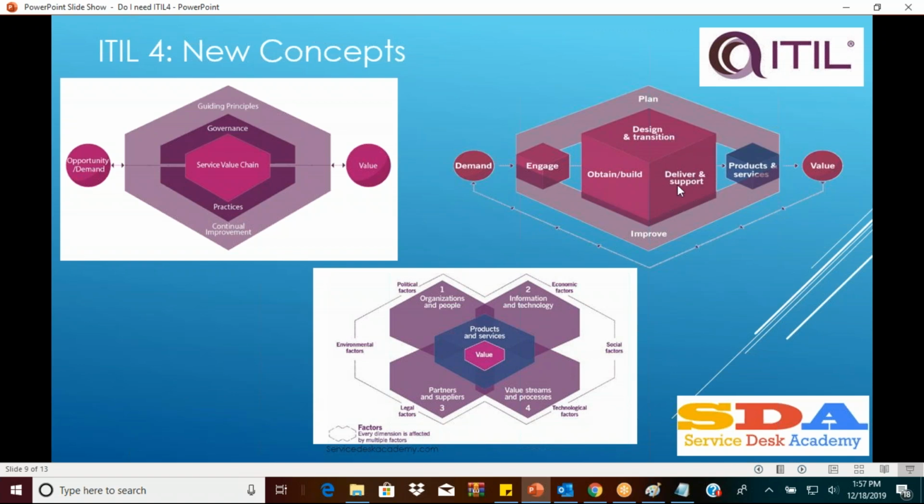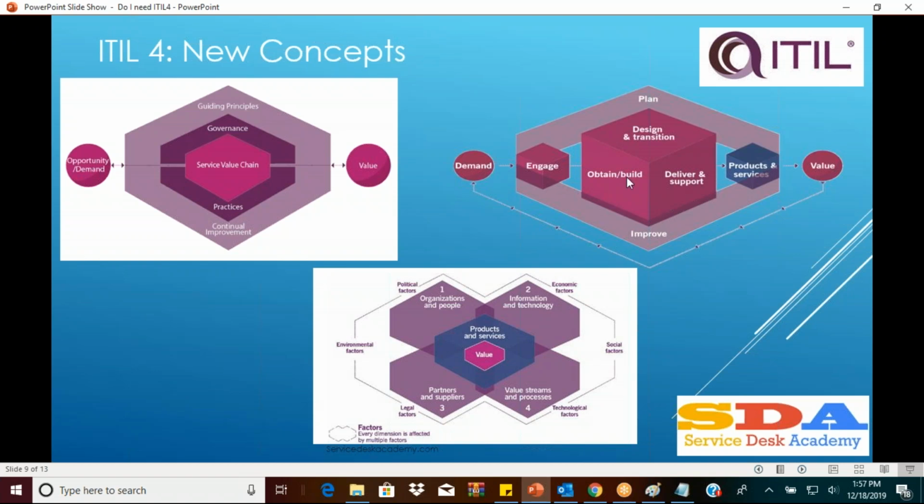And then deliver and support is that component which focuses on providing day-to-day operational activities. And then we have the improve component, which focuses on improving all your services, your practices, your people, so all the different facets of service management.